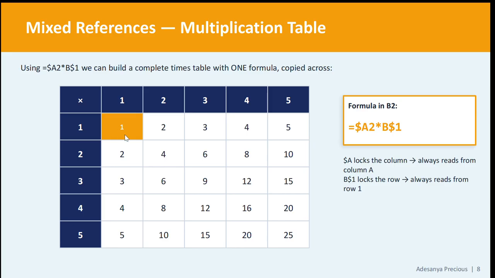We are locking column A, and we are leaving row 2, multiplied by B1. That means for this one too, we are also locking row 1 and we are leaving column B alone. I will explain.